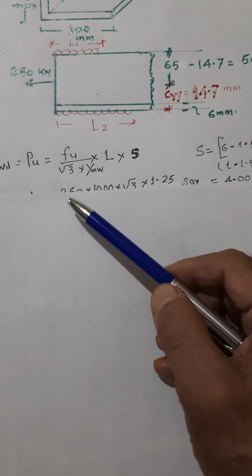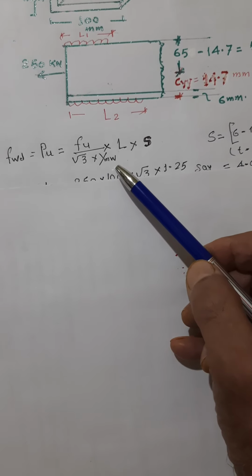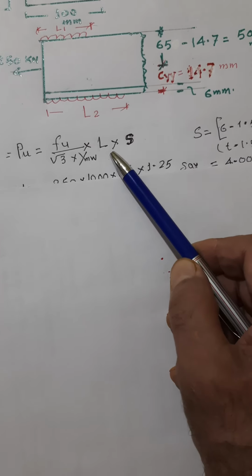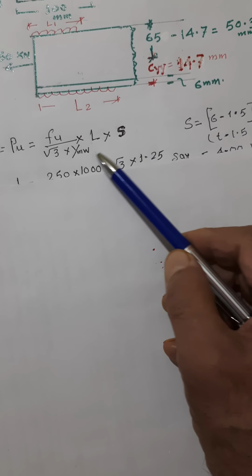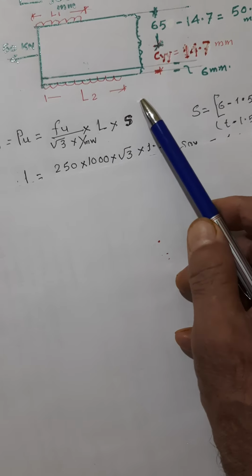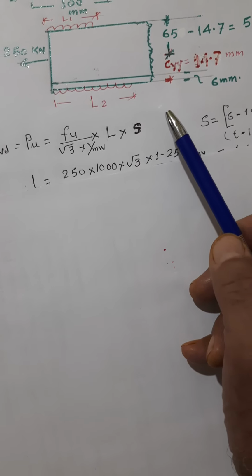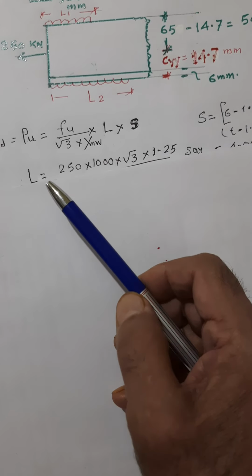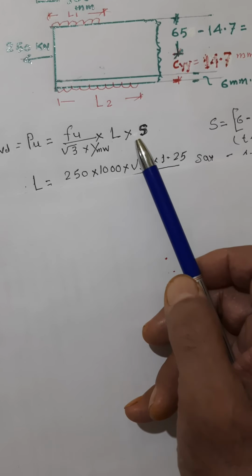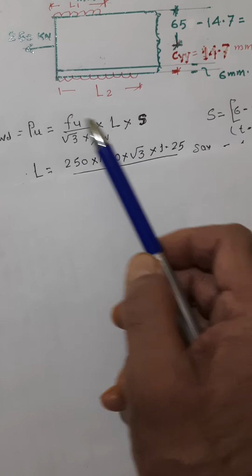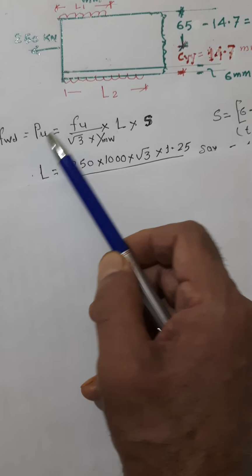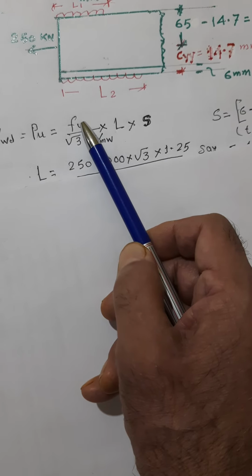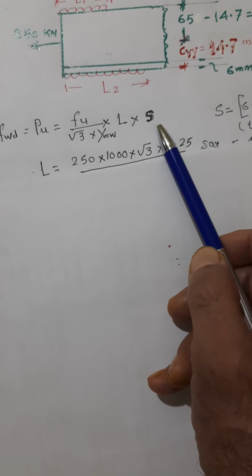That is, Fu upon root 3 into gamma mw, multiplied by the length of the weld into the size of the weld, which is the area of the weld. From this we can find the value of L, the length of the weld. This is in kilonewton, this is in Newton per mm square, and this is in mm.